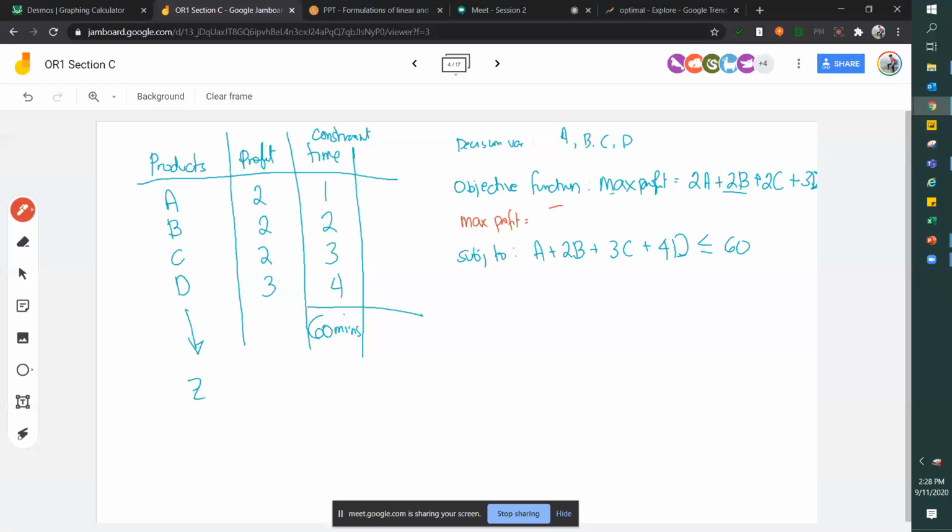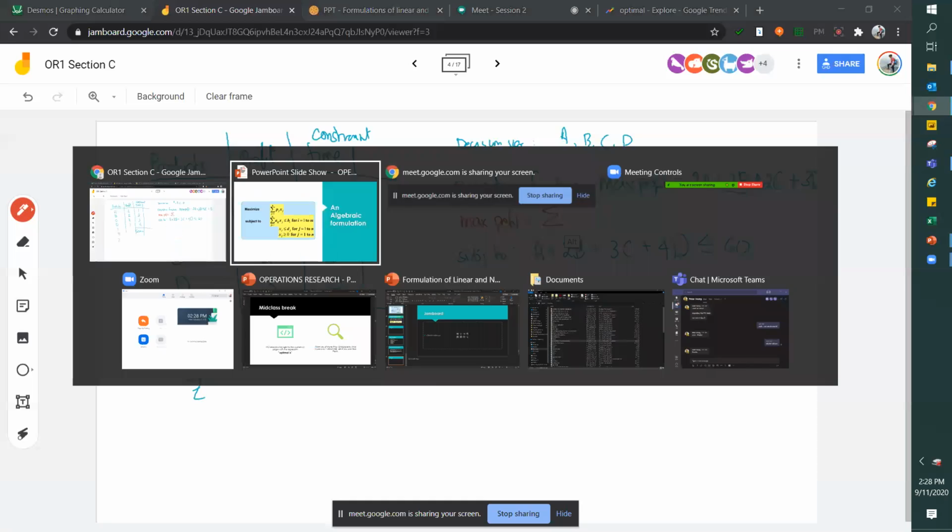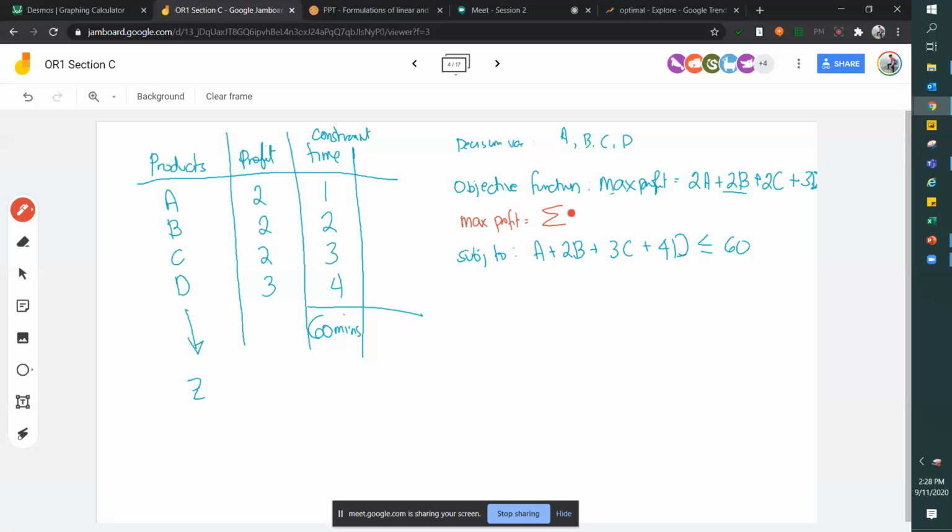Maximum profit is equal to the summation of, let's say, AI to ZI. Sorry, kahit na anong letter actually yung pwedeng gamitin.